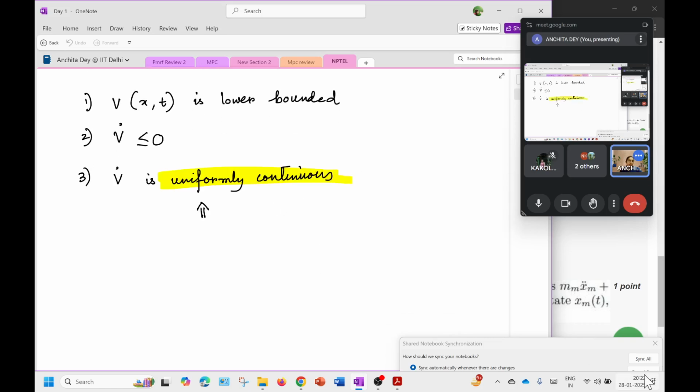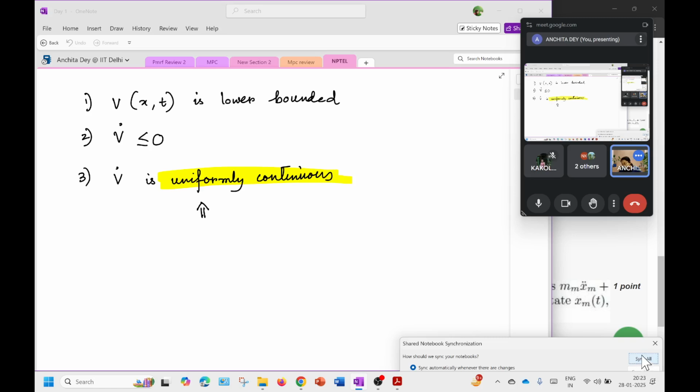How do you find out uniform continuity? You have to ensure that V double dot belongs to L infinity. That means it's bounded. That's given by Barbalat's lemma, which you will get at the end of lecture 2, I think.